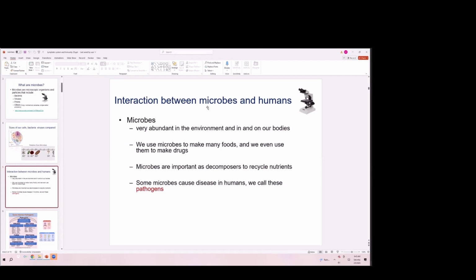In making wine and beer, the benefit of using yeast in that process is that they're looking more after the alcohol.